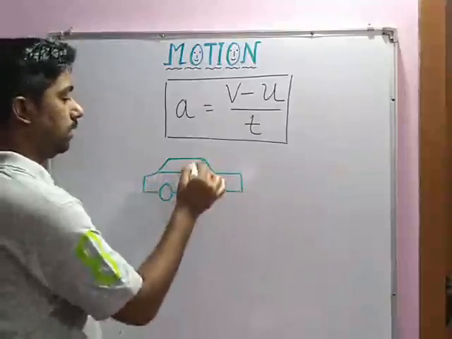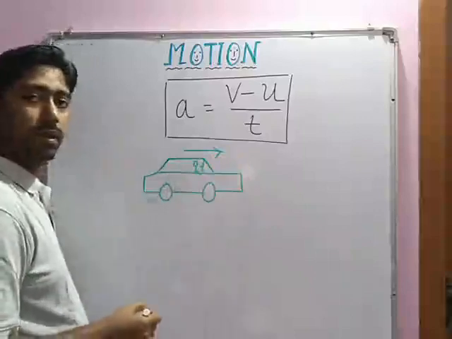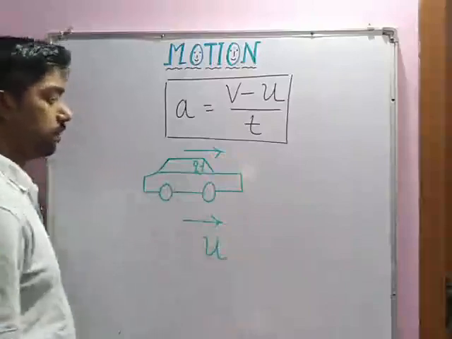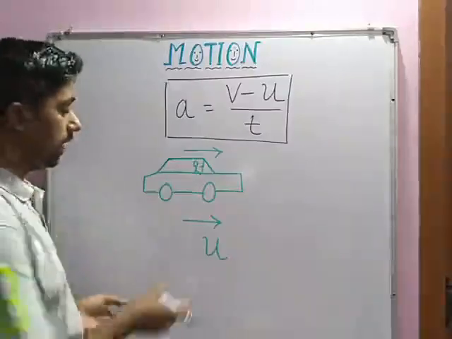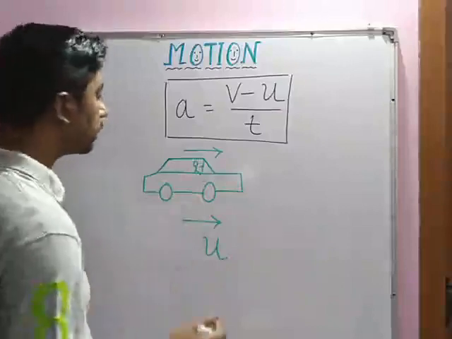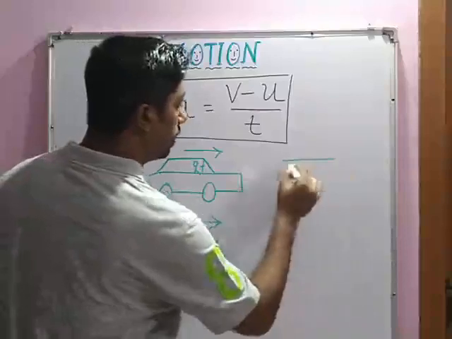Okay. There is a car here which is moving in this direction, and it has a velocity of u. When you start looking at the car, it has a velocity u. Now, after some time, what happens?